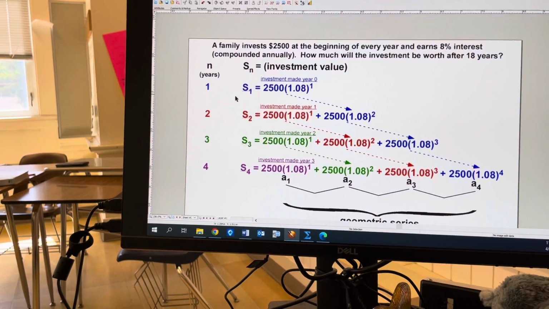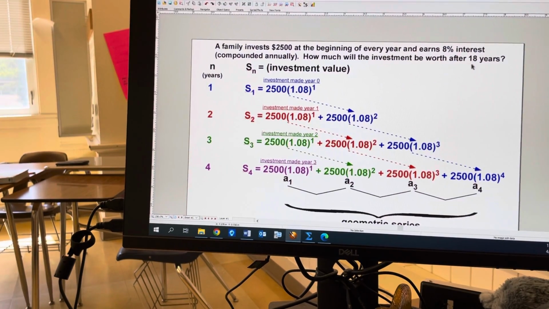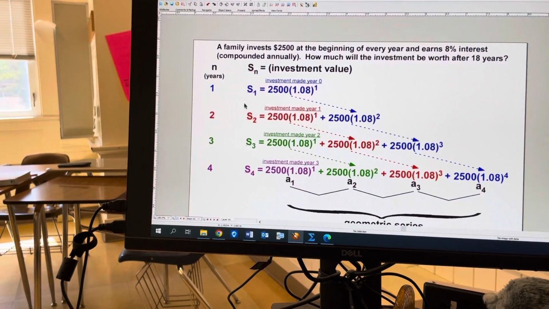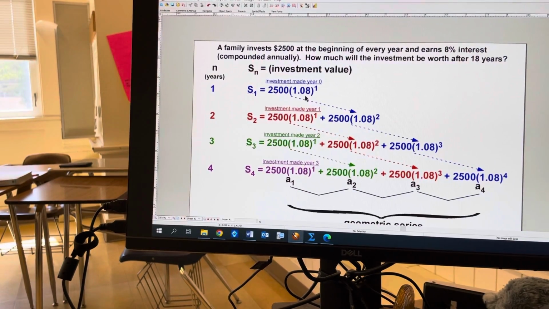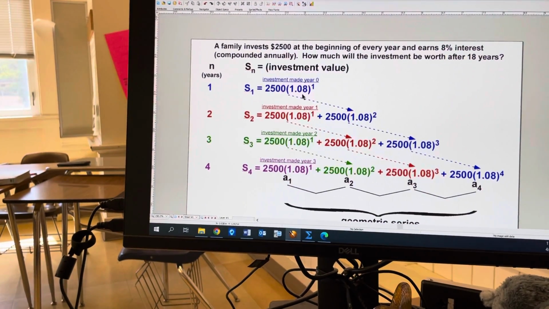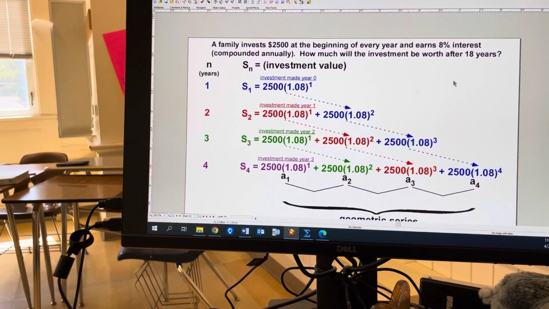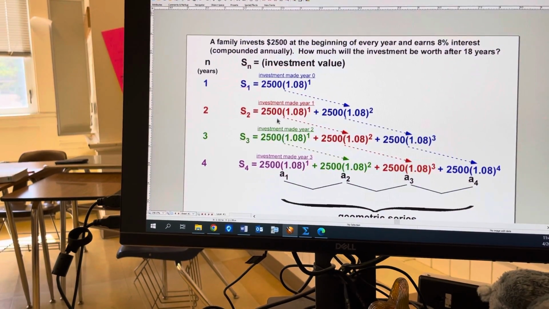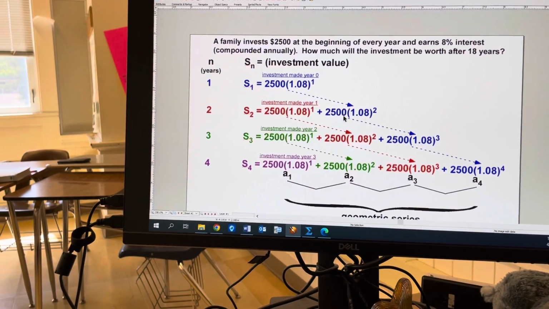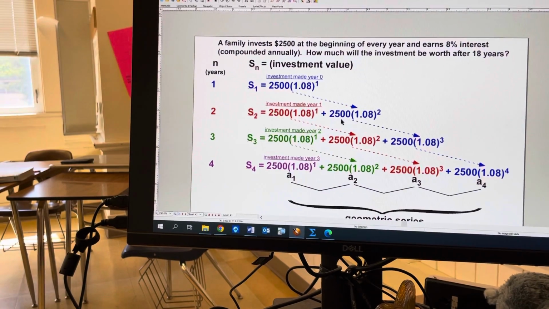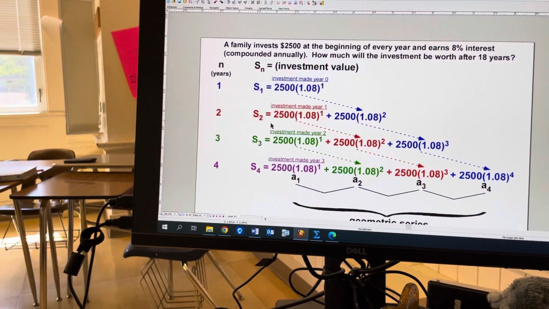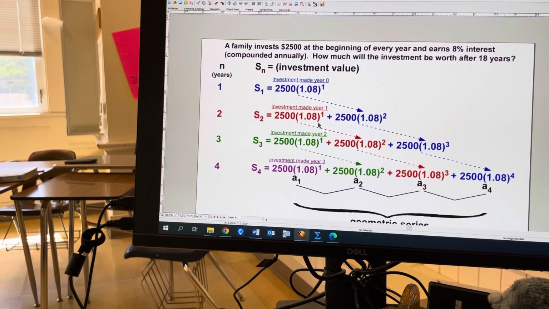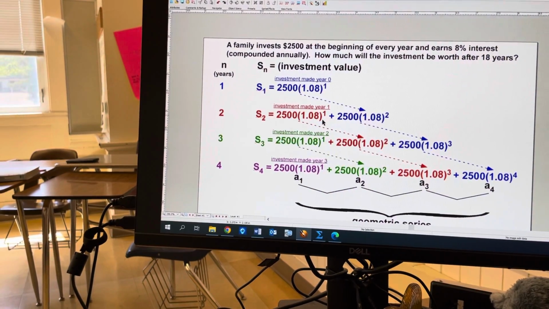So if I want to figure out how much money I'm going to have after 18 years, well, after the first year, I would have my $2,500 plus the 8% added on. Now the second year, I still have my first $2,500, but now it's had 2 years to grow. And then in red, I have my new $2,500 that has had 1 year to grow.